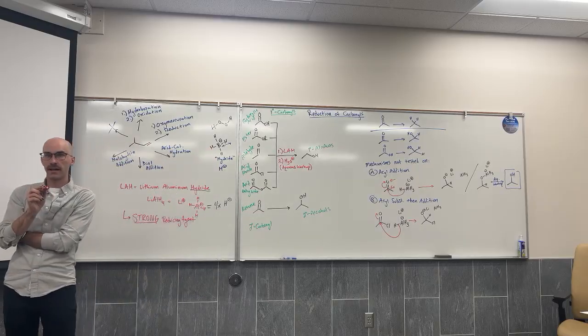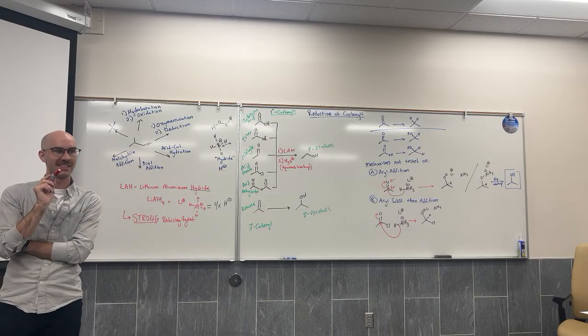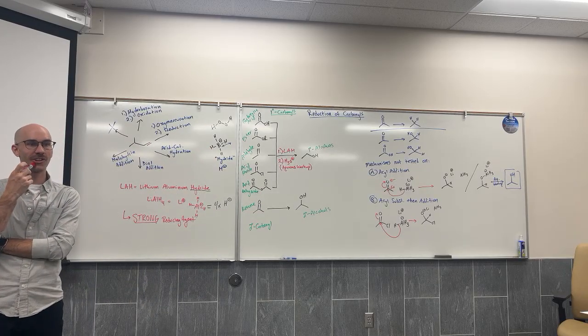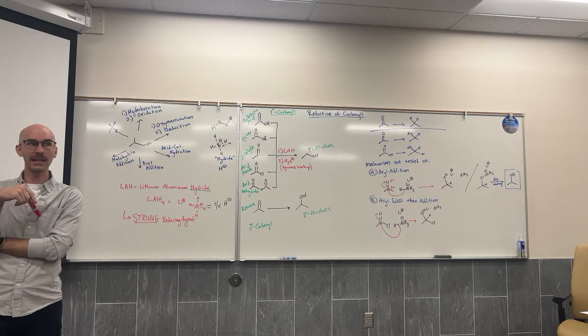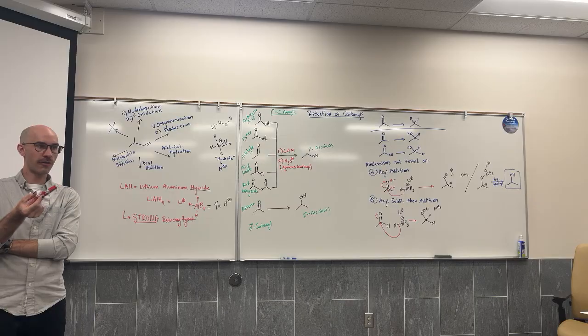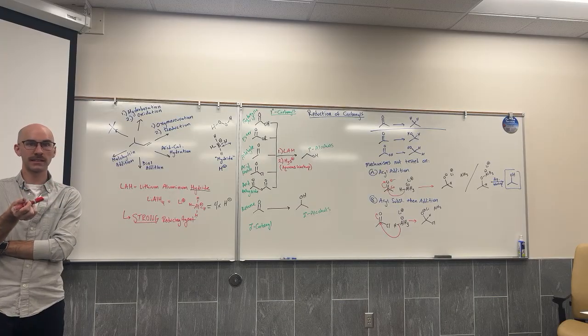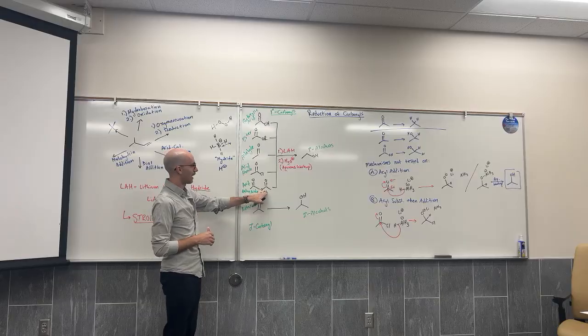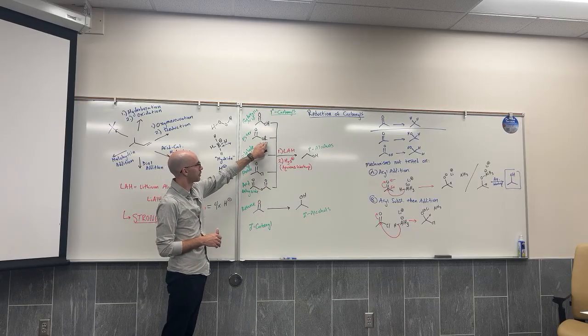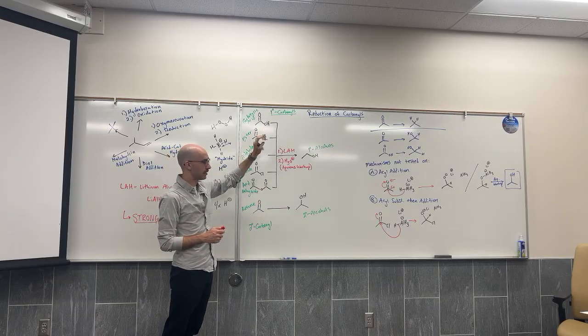Okay, but this time, the carbon has a good leaving group. The chlorine can be broken off from the carbon rather easily. So can the anhydride, so can the ester, so can the carboxylate.